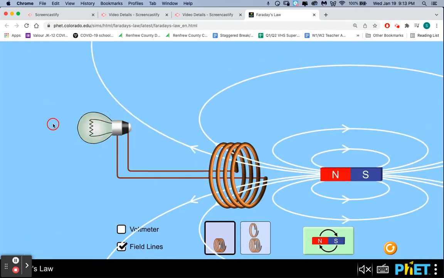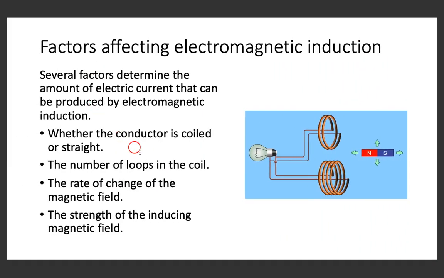And so this means basically that if the magnetic field is changing more quickly, there's going to be more of a current induced in the conductor. So how quickly the magnetic field is changing is what we refer to by the rate of change of the magnetic field.